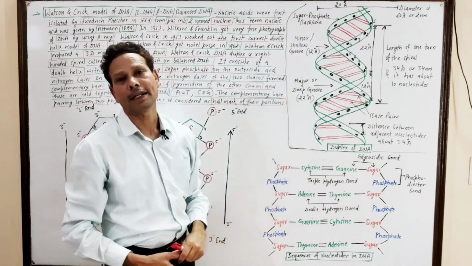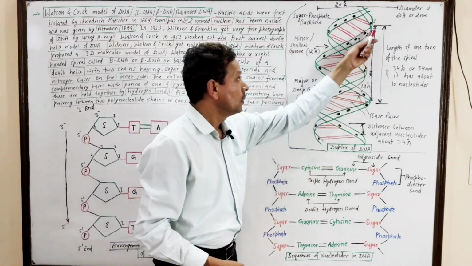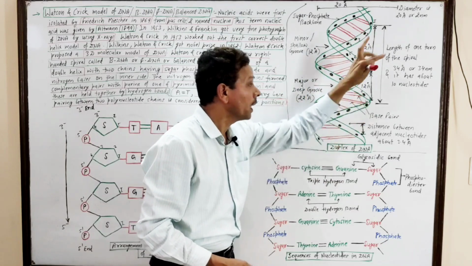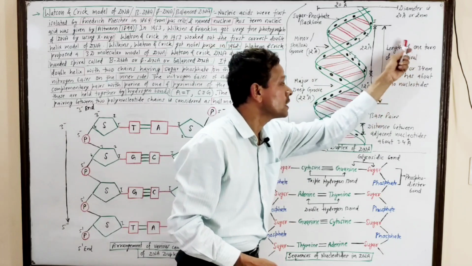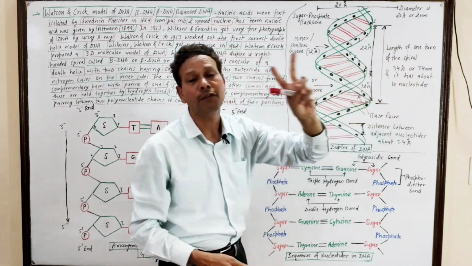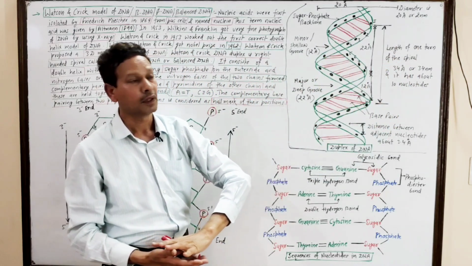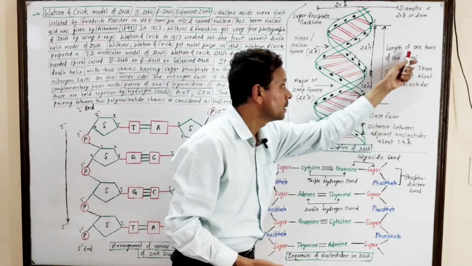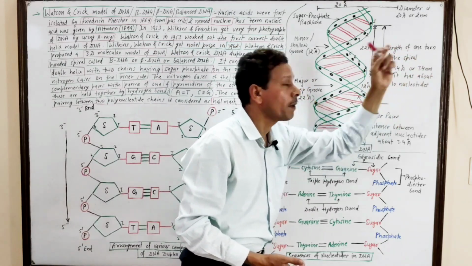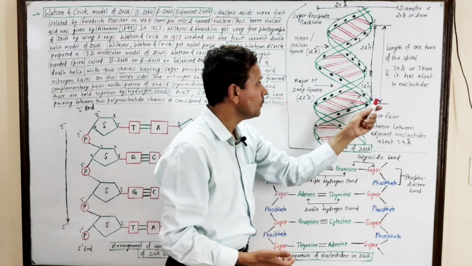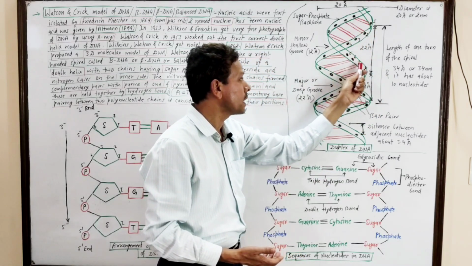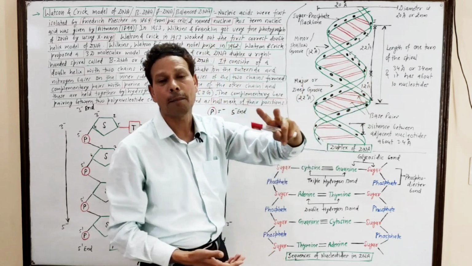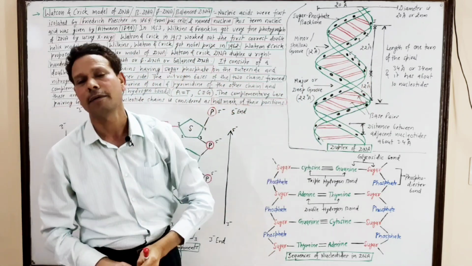In this DNA duplex, the length of a complete turn, a complete coil or spiral, is about 34 angstrom. In a complete spiral, 1, 2, 3, 4, 5, 6, 7, 8, 9, 10, about 10 nucleotides are present.